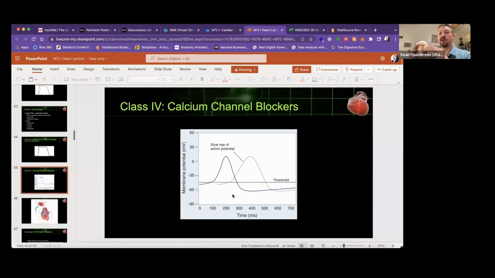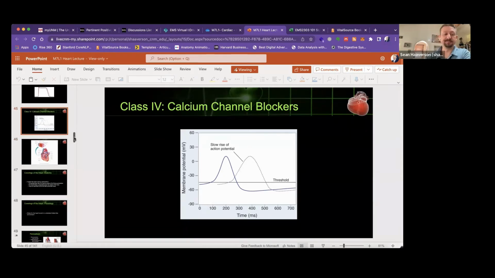If we mess with the membrane potential, we can make the channels open faster, or open slower or take longer to open. In calcium channel blockers, we're making the threshold slower and take longer to occur, which can be very helpful in slowing really fast rates. Another goal of giving these drugs is to get the rate perfusable. In fast rates, they may be so fast that they're not perfusing because there's not enough delay for the ventricles to fill with blood.